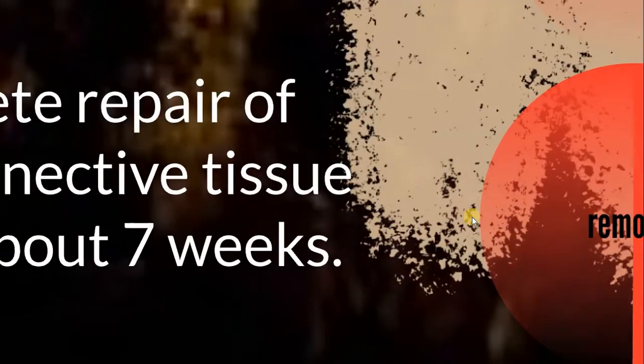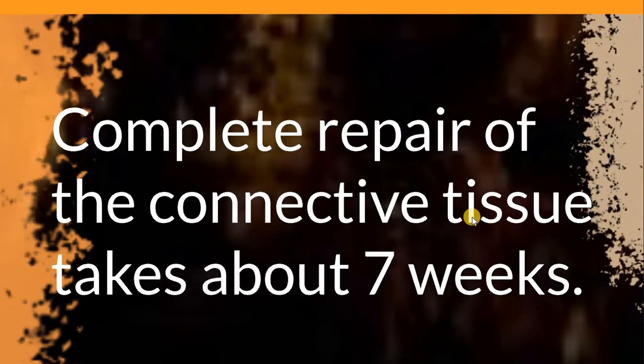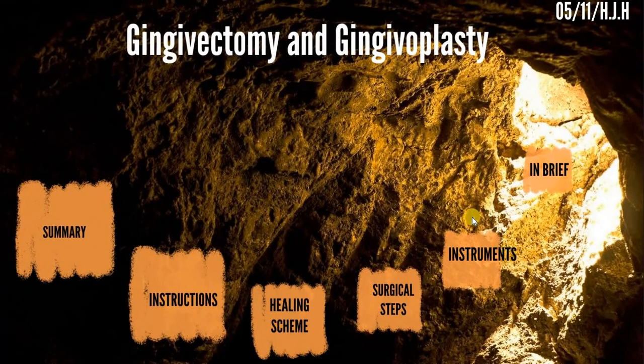And remodeling occurs, and complete repair of connective tissue takes about 7 weeks, nearly 1 month and a half. So the complete healing process to gain a complete gingival reconstruction takes 7 weeks. This is regarding the healing scheme.